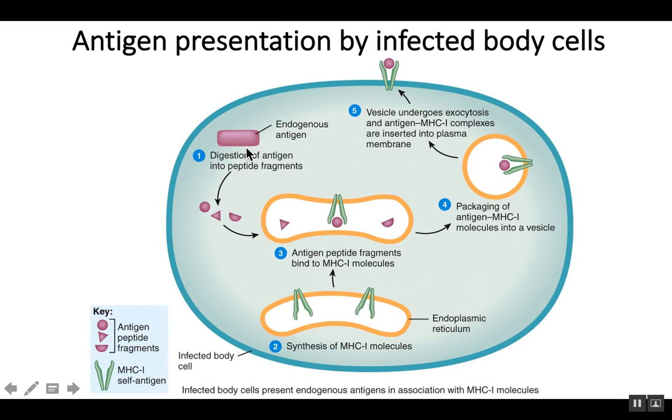Uh-oh, that's bad news. At some point, we're going to have to destroy this cell, and we will. But in the meantime, how do we know that this cell has a virus? How does the immune system know that there's a virus inside of this cell replicating, about to destroy this cell and spread to neighboring cells?